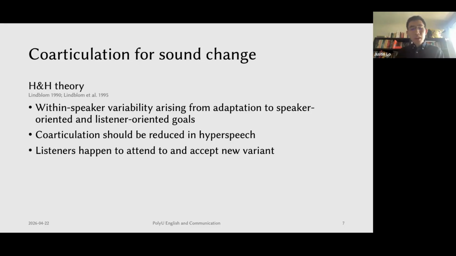And so that rests on between speaker variation.